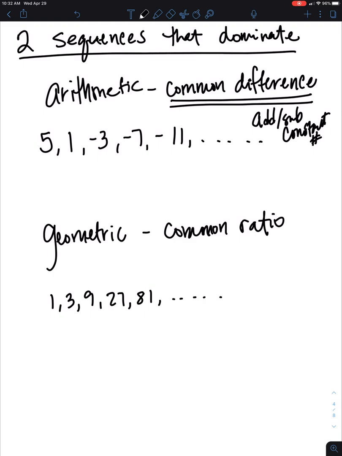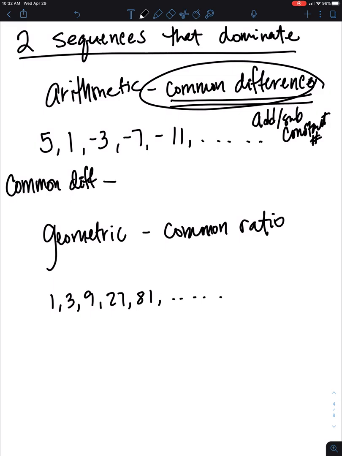The abbreviation for the common difference is going to be D. The way we find D is we do the second term minus the first term, or the third term minus the second term, or the fourth term minus the third term. You get the point, it has to be a constant difference.